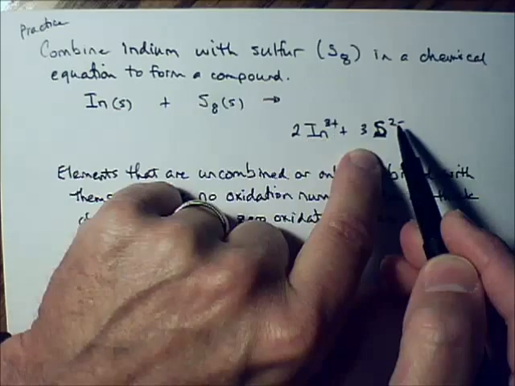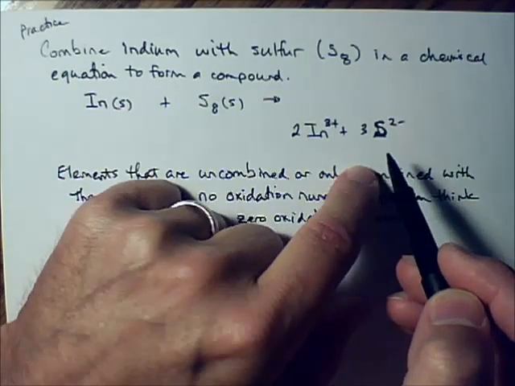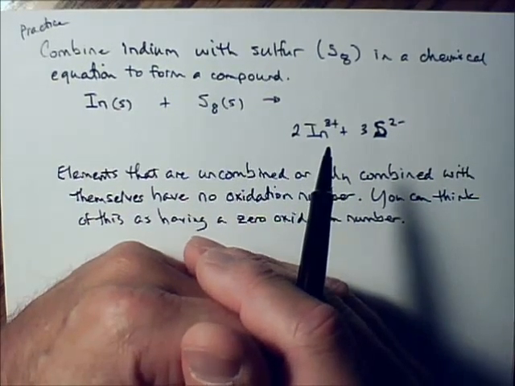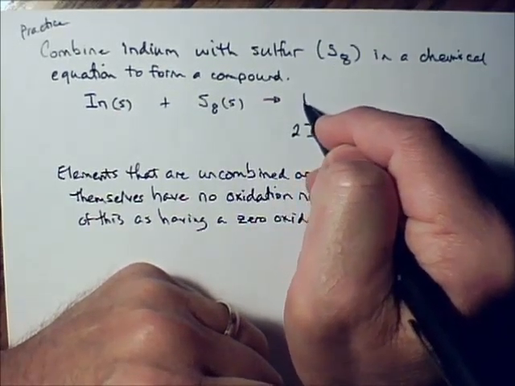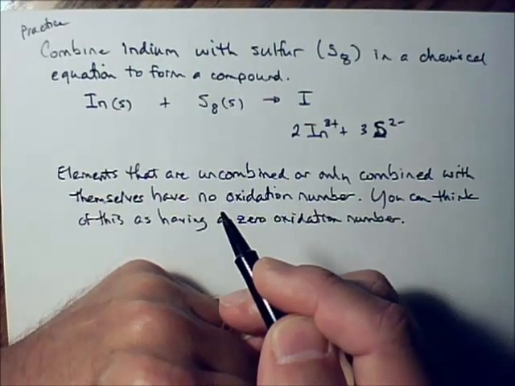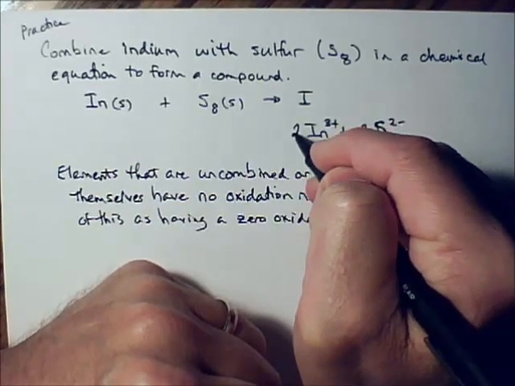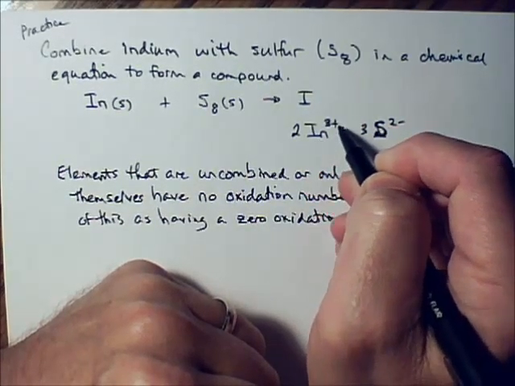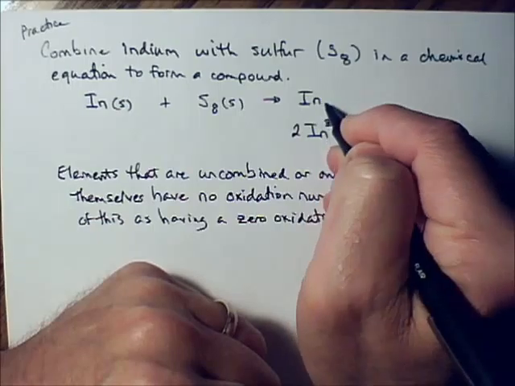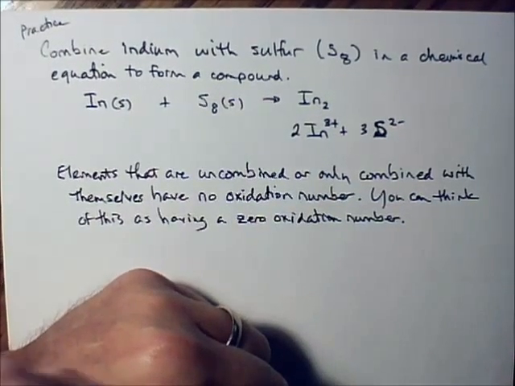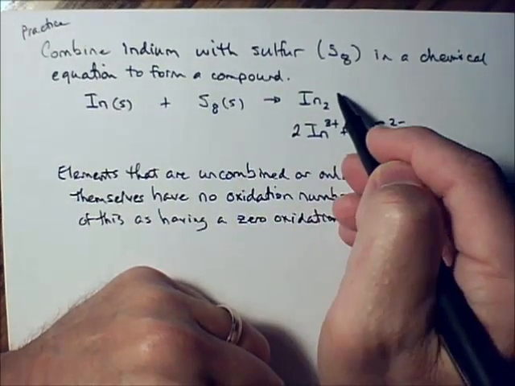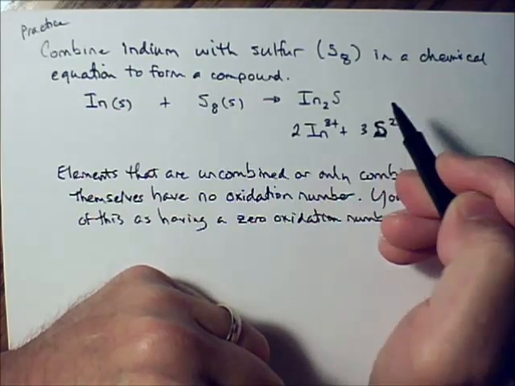So when I put it together into a formula up here in our equation, that coefficient in front of the ion, when I bond it together, becomes a subscript. And the coefficient in front of this ion becomes a subscript. And there's the formula. No, the 8 is only on this side of the equation.